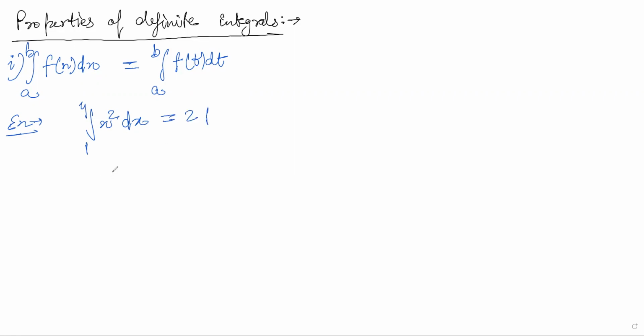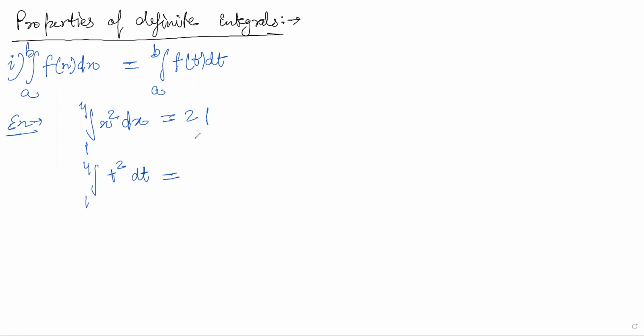If you just change x with t, the function is again the square function only. We have just changed the notation from x to t. So if we integrate t square dt from 1 to 4, you will get the same answer.